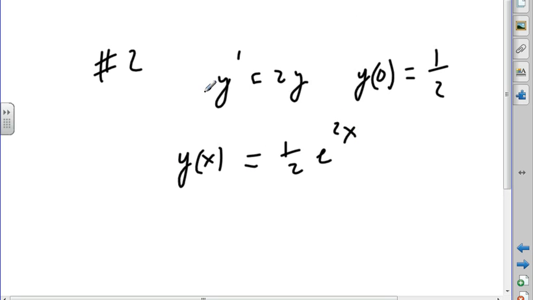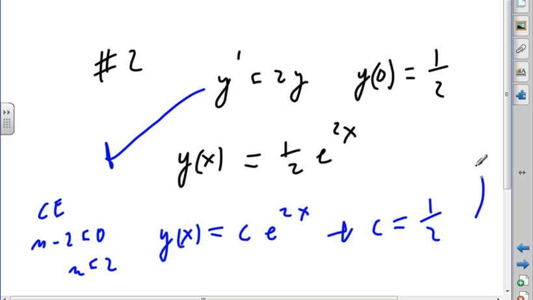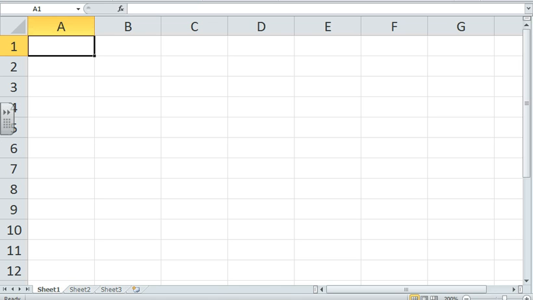Because I can use chapter 1 and say I have a characteristic equation: m minus 2 is equal to 0, m is equal to 2, so y of x is equal to c e to the 2x. y at 0 is a half implies c is equal to 1/2, and my solution is that. So I know the solution already. That's not the issue. In fact, I picked the function on purpose so it'd be easy, so I would know the solution already. Now the issue is, can I do it in a spreadsheet?